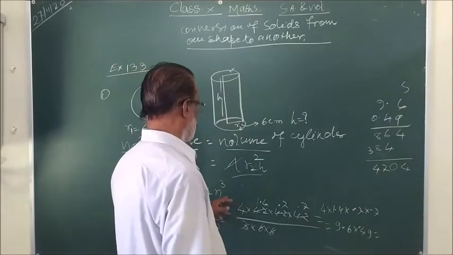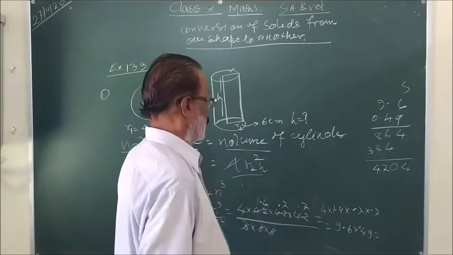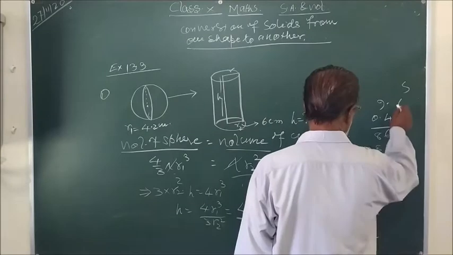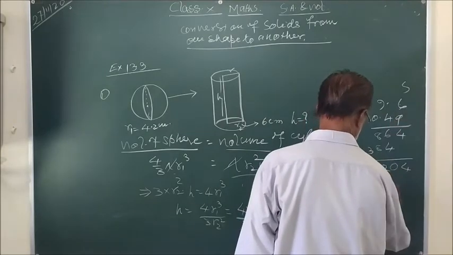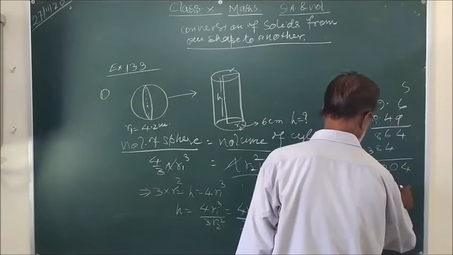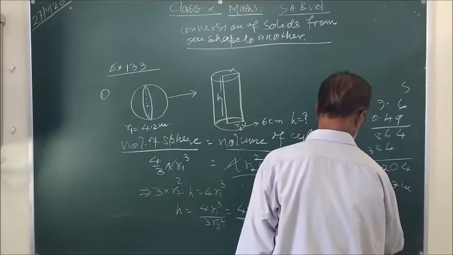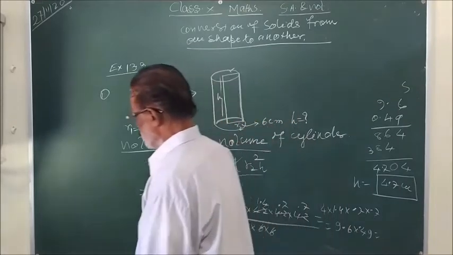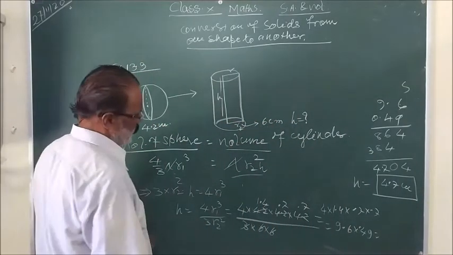So the decimal point will be placed after one place and two places, and we can write 4.7. So this is the height of the cylinder. This is the solution. So what did you learn?